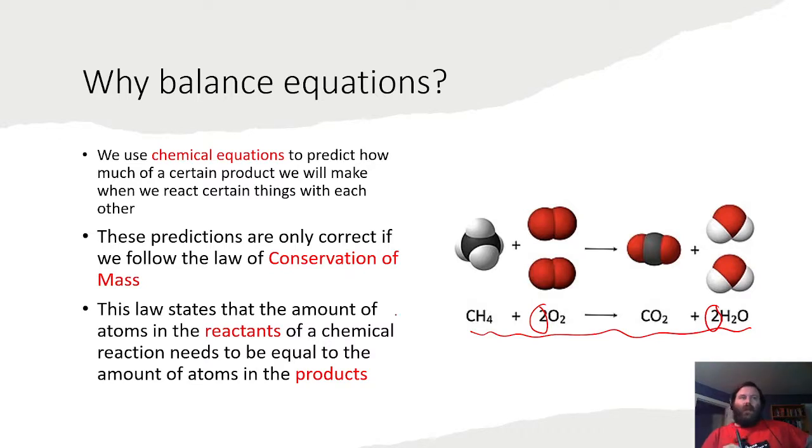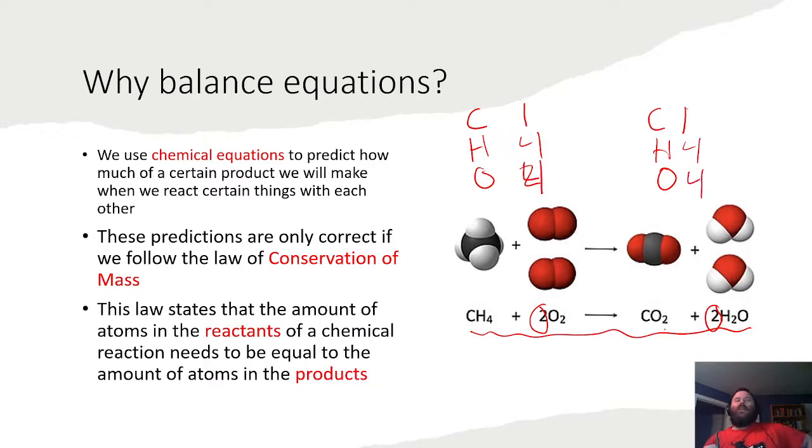In this case we have carbon, hydrogen, and oxygen on both sides, and if we count them up, we've got 1 carbon on each side, 4 hydrogens on each side, and 4 oxygens on each side.